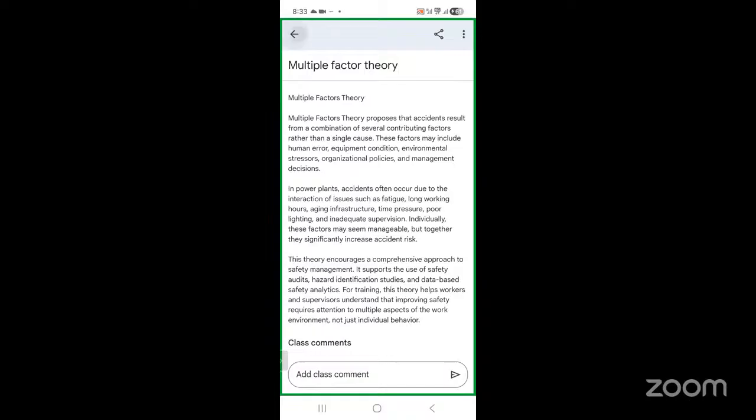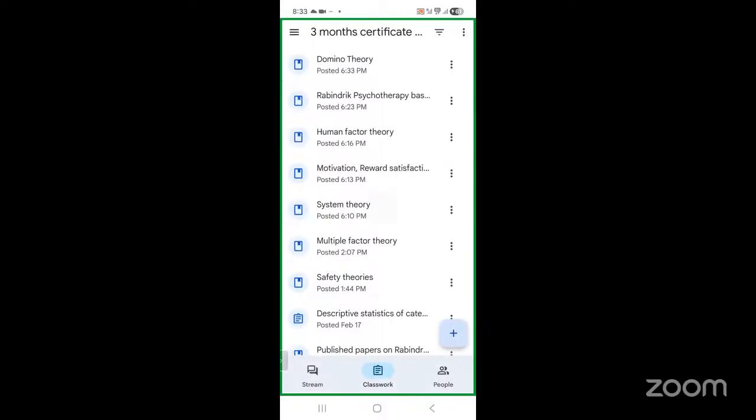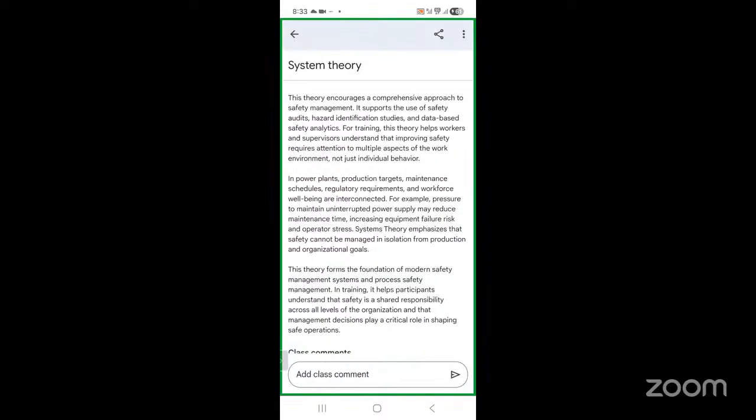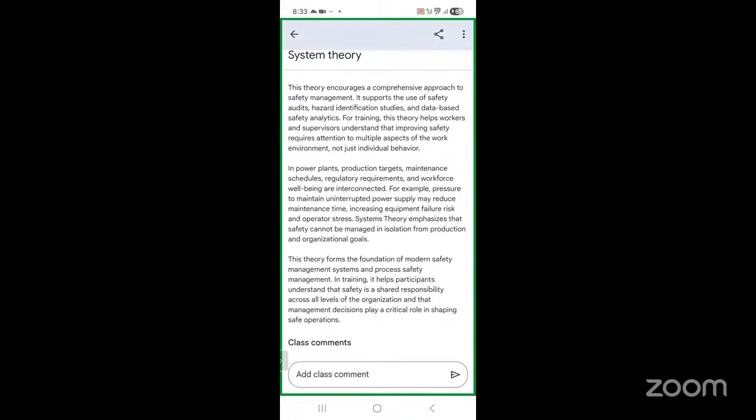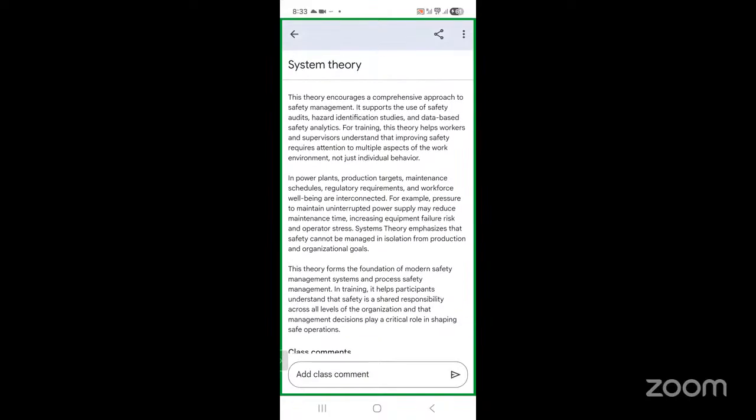Okay, now you go to the system theory. So Shejal, please read. System theory. This theory encourages a comprehensive approach to safety management. It supports the use of safety audits, hazard identification studies, and database safety analytics.